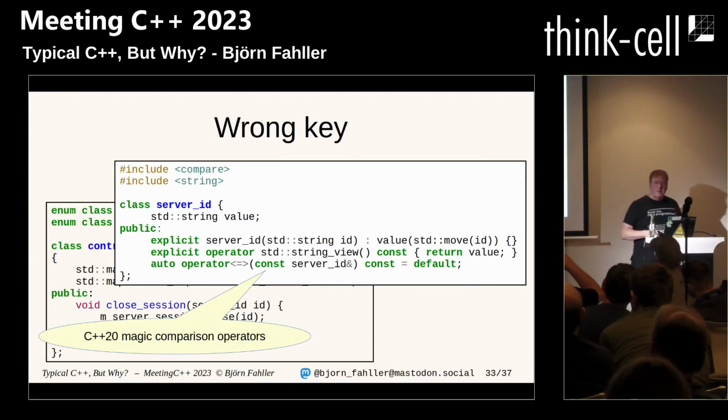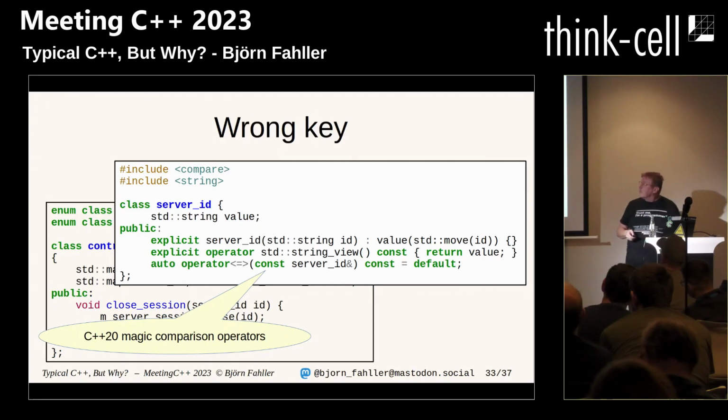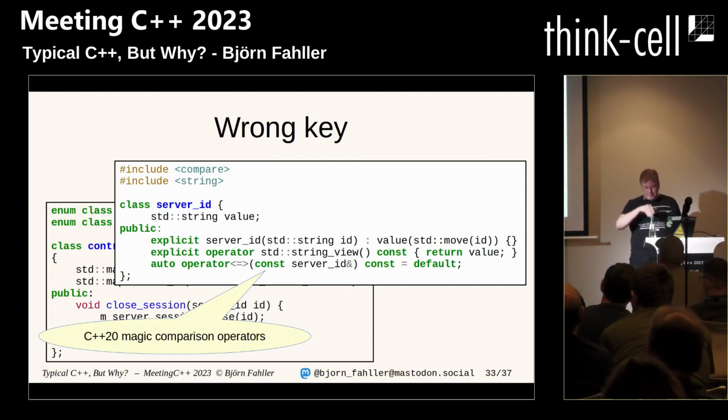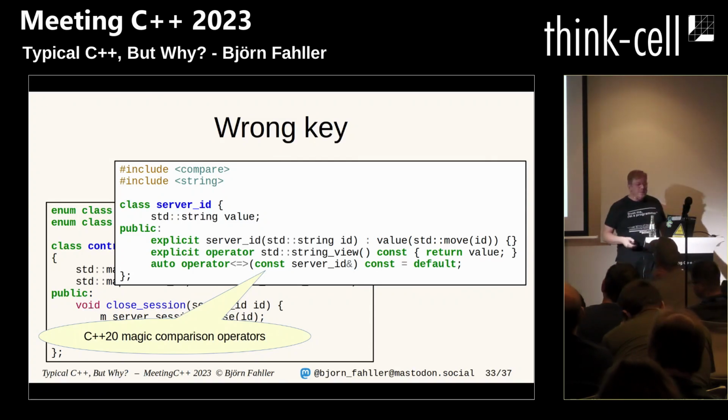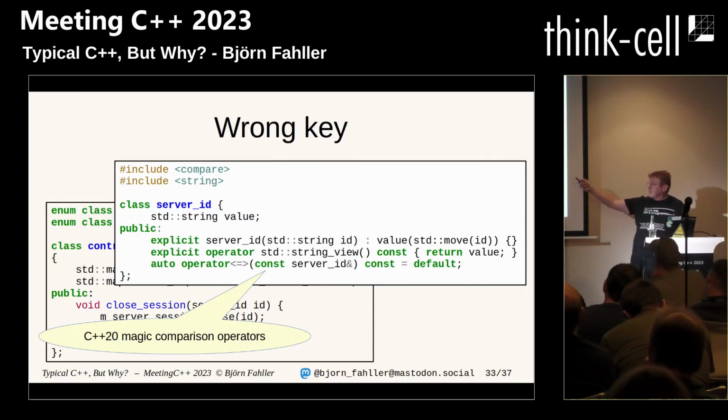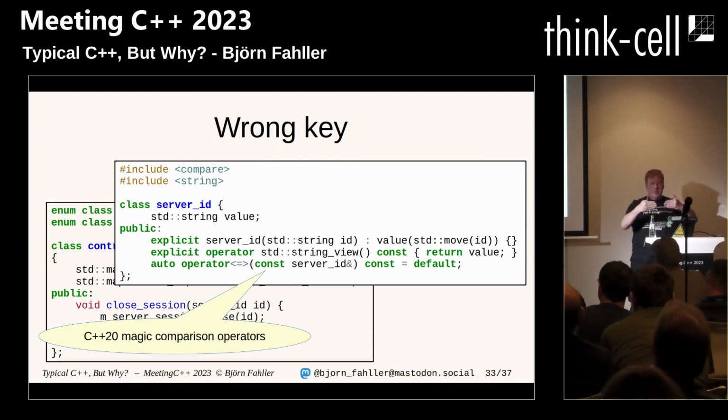And now I'm on C++20, so I use this magic spaceship operator to get all the comparison operators, equality and ordering. And I can just default it, then it will be by member. So if you have several members, you will get lexicographical ordering.